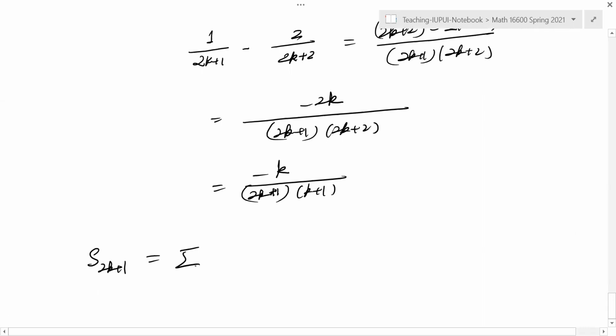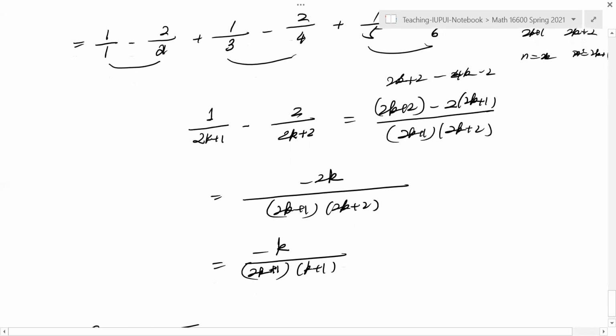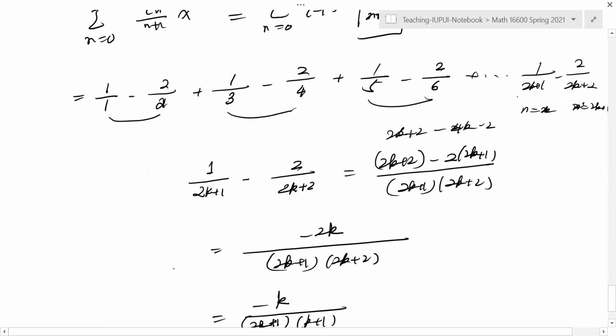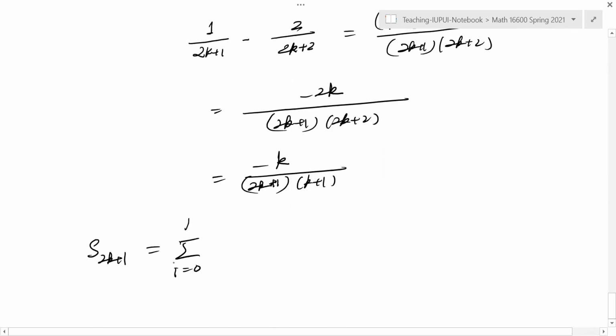You add all those pairs together. I can use i, starting from 0 to k, and every term here is 2i plus 1 over i plus 1. When i equals k, that will be the last term.